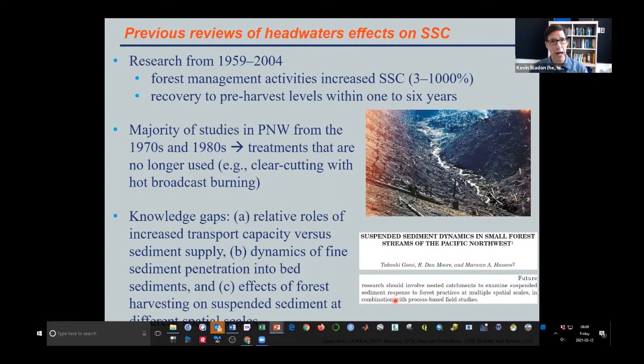They noted that we have a problem in scaling these results. They actually looked for studies that had nested designs. They found 2 studies in the Pacific Northwest total, and the largest scale of those was 1.8 square miles.